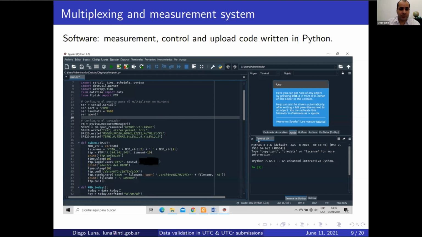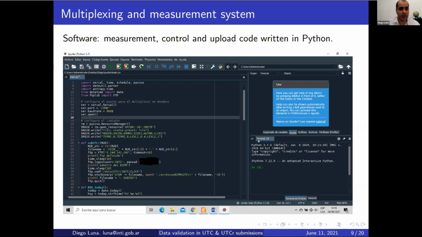The software for controlling the measurement system was written in LabVIEW until last year. Last year the computer broke, so we had to program everything again, and we thought it was a good opportunity to rewrite all the software using a different language.